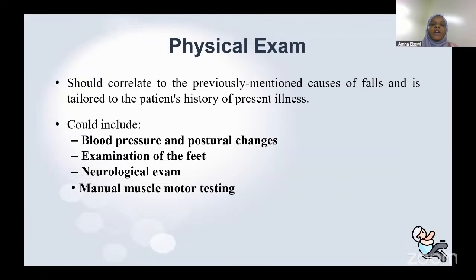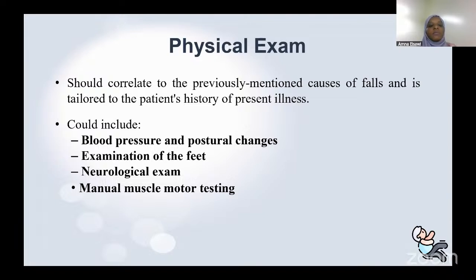Okay, moving on to the physical exam. The physical examination will be correlated with the previous causes of fall and the positive points from the history taking. Whatever positive points, whatever risk factors the patient has, the physical exam should be tailored accordingly to the patient.